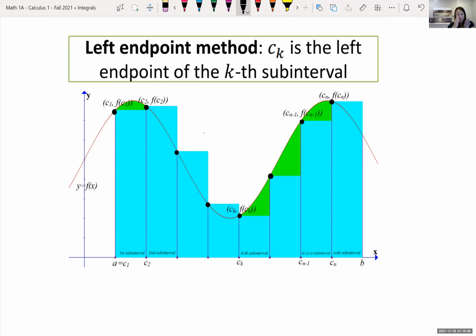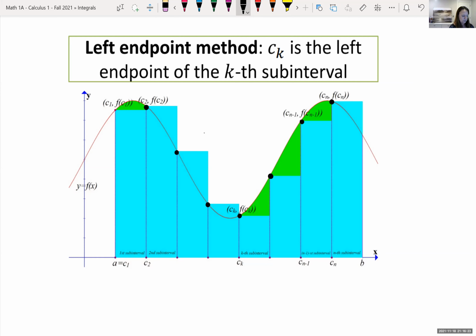So we're going to get an infinite number of rectangles in there. And if we do that, guess what happens? We're just going to fill this up, is our whole goal. And that would just give us the exact area under the curve. So that's the goal. And I don't think we're going to get to that until Monday of next week.